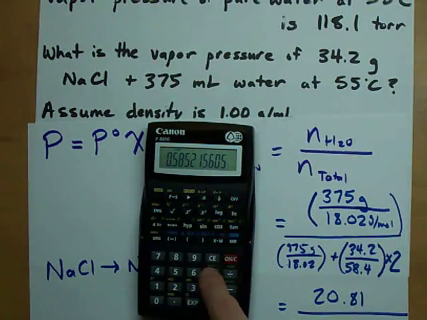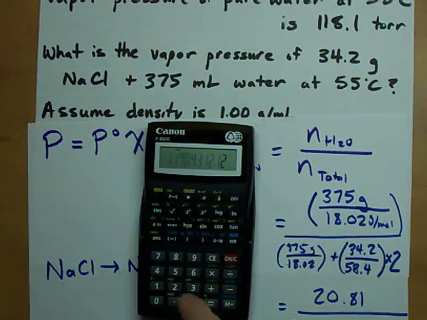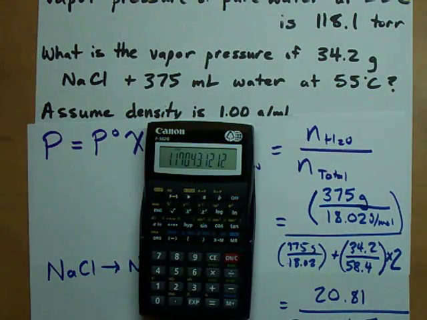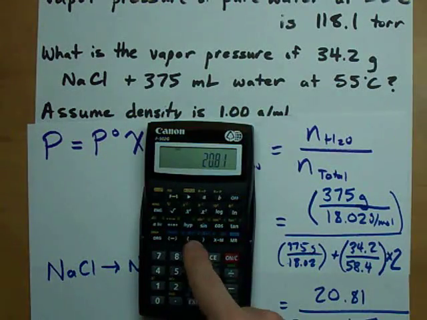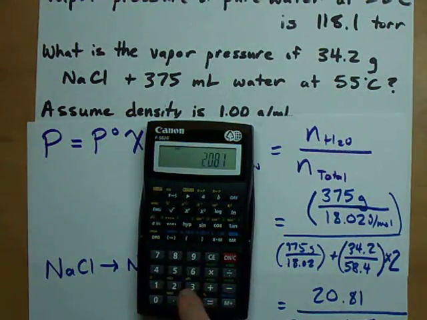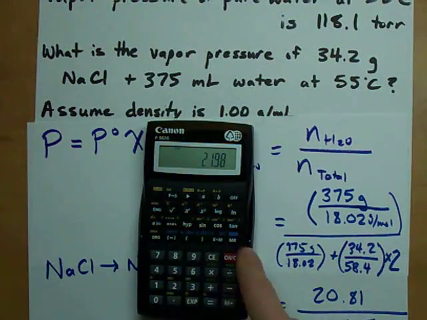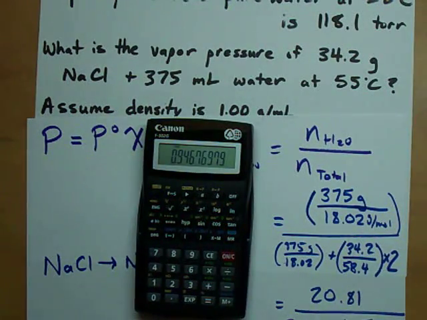But we get 2 particles for every 1 salt that we put in, so that actually adds an extra 1.17 moles. Anyways, the mole fraction from there turns out to be 20.81 divided by the sum of 20.81 and 1.17. I got it to be 0.9468.